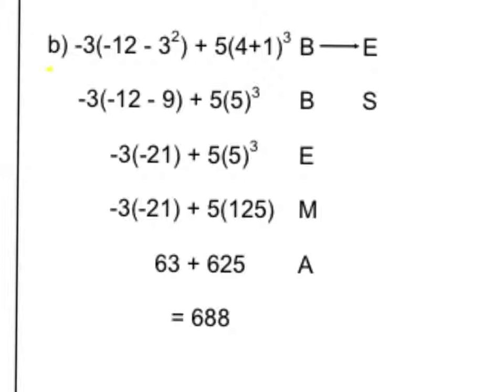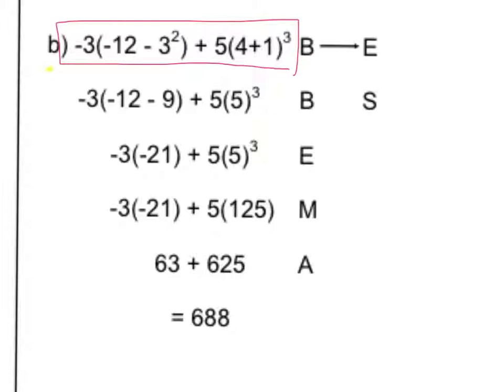Okay, second example. This one's a little bit longer. Okay, so step 1, looking at this very long equation now. So first step is looking at the brackets, and then when you're inside those brackets, you restart BEDMAS. So we're going to start combining steps to make this a little shorter.